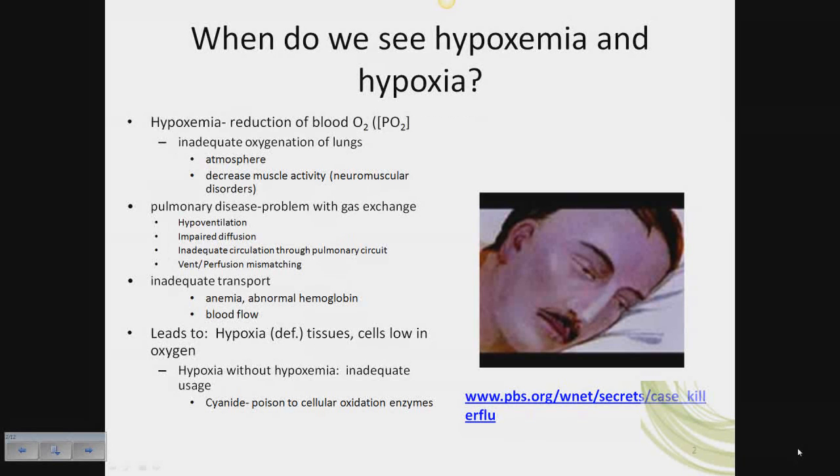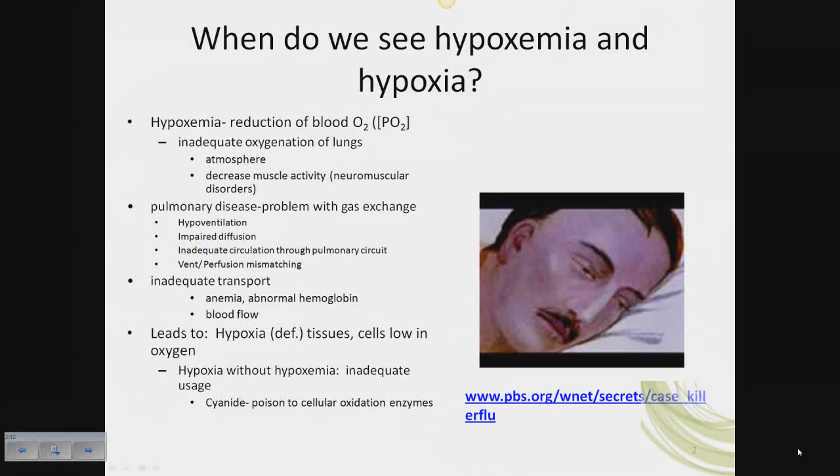You could have a decreased muscle activity, say a neuromuscular disorder, or maybe myasthenia gravis, where you have flaccid paralysis of your breathing muscles because your nicotinic acetylcholine receptors are being destroyed.